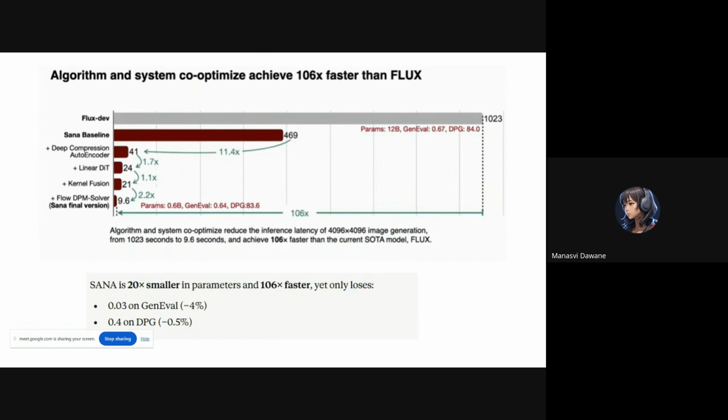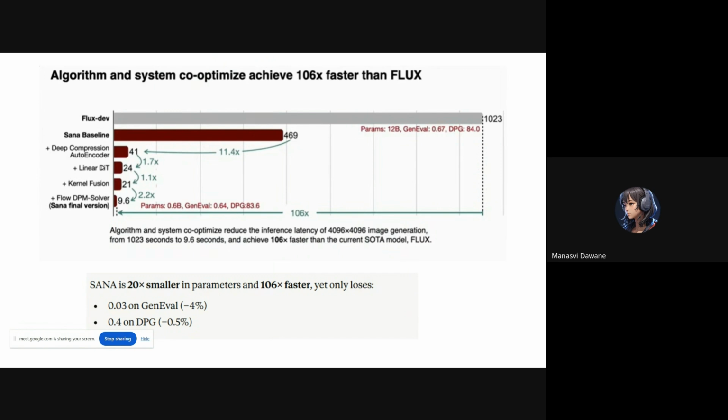So this is the algorithm and system optimized to make it better. We're talking about Sana. This is the FluxDev model of 12 billion parameters, and it takes 1023 seconds. Sana baseline without any optimization takes 469 seconds.